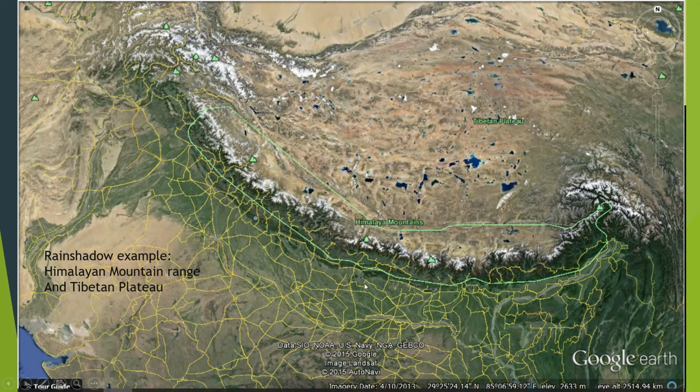And when you go to the other side of the Himalayan mountains, we have a quite arid environment, despite the fact that they have water over there, because the air carrying the moisture is not really moist, preventing fertile grounds. So this is a good example of a rain shadow effect at the Tibetan Plateau.